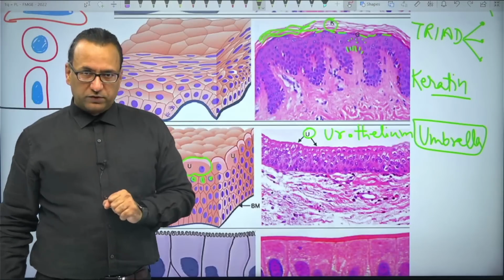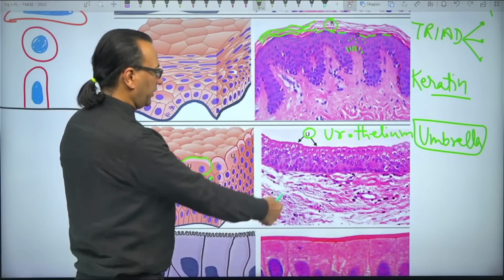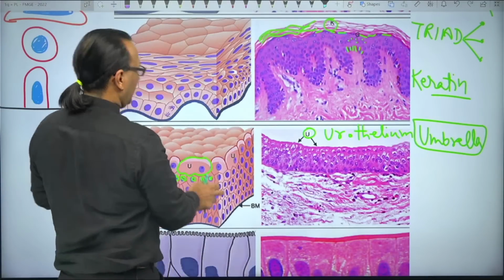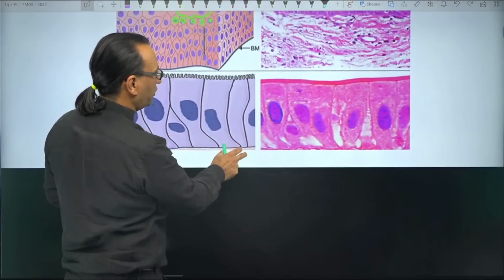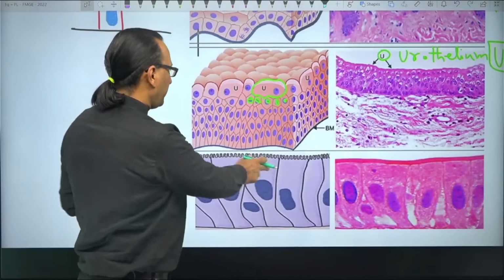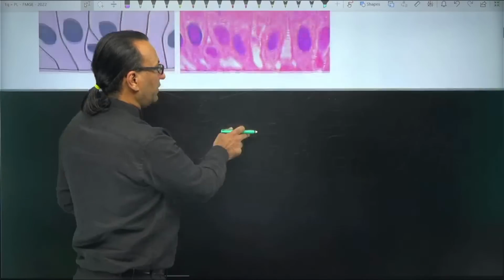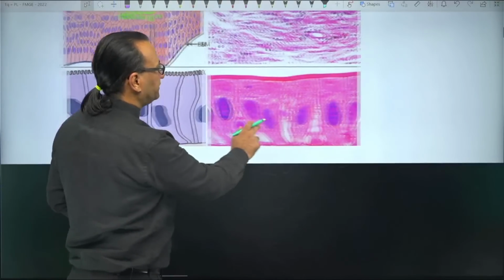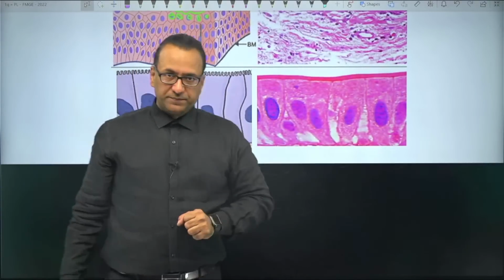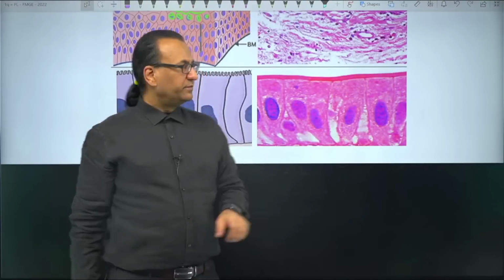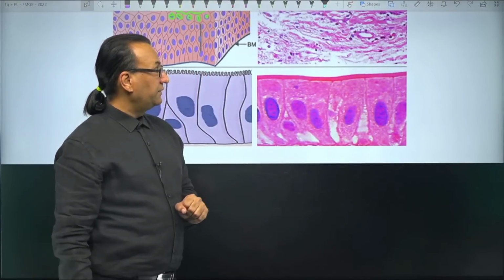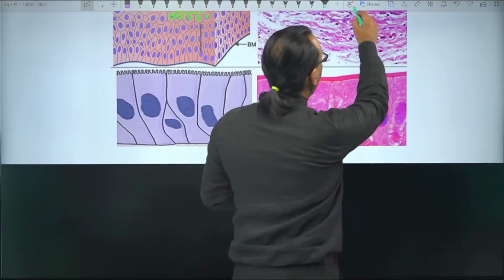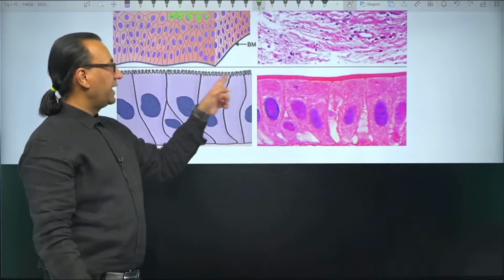There is one more cell type and surface projection which is coming recently, and what they are asking is about this kind of appearance. Now, some of the students might get confused that this appears to be cilia, but it is not cilia. How do you identify cilia from the microvilli? This is microvilli.